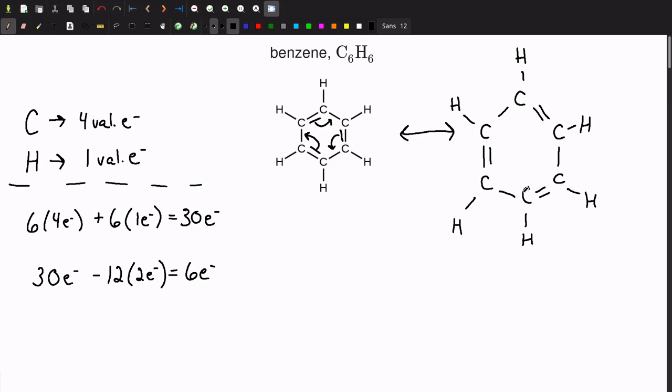And I actually find this pretty interesting. This kind of implies that these double bonds can just continually move around this circle here. And if you know anything about physics, that would be electrons moving in a circle, constantly accelerating, constantly changing directions, which would mean that it should induce a magnetic field.